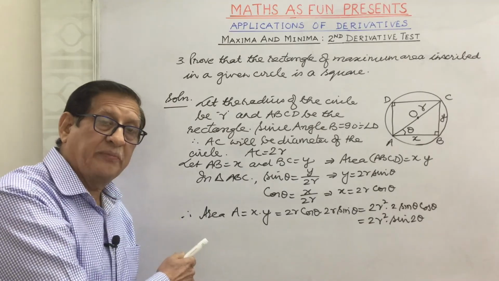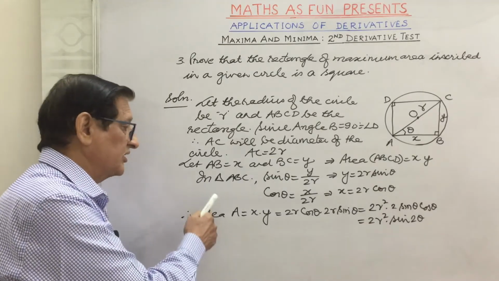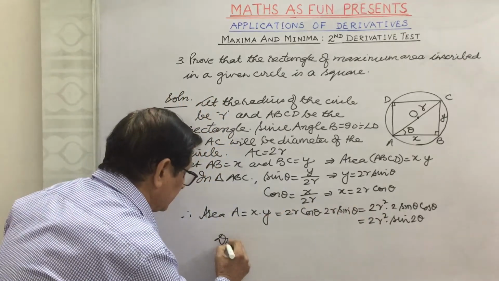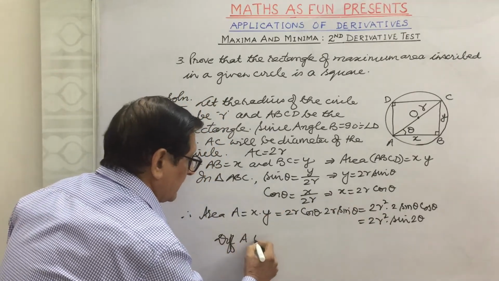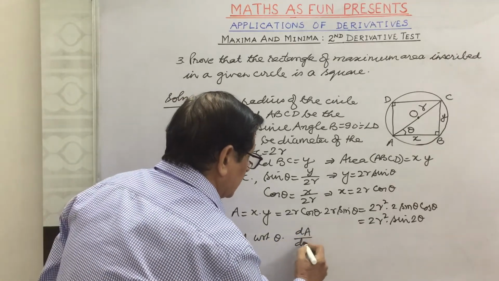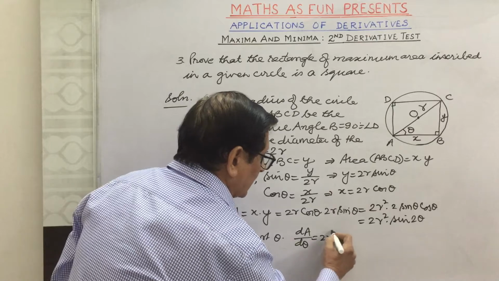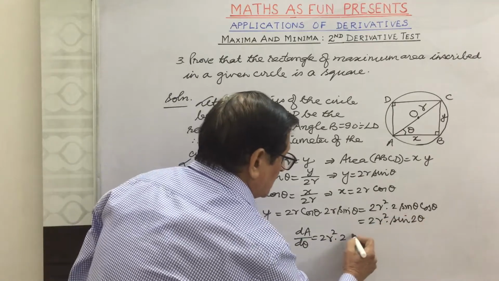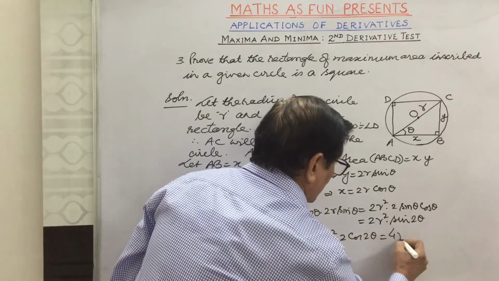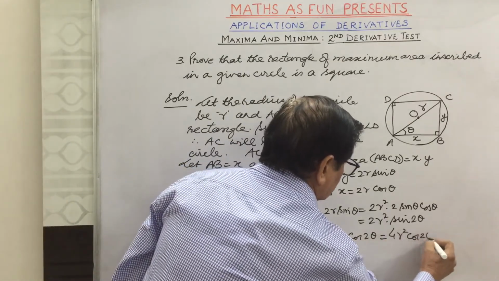Now area is to be maximized. So we will differentiate A with respect to theta. We write differentiating A with respect to theta. We get dA by d theta equal to 2r square, and this will be 2 cos of 2 theta, which gives us 4r square cos 2 theta.